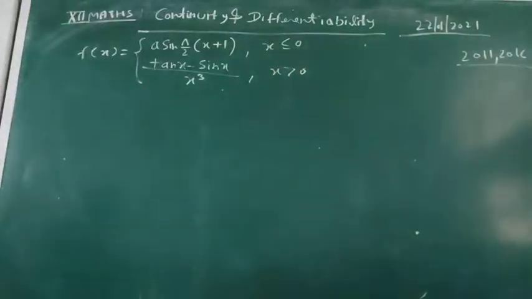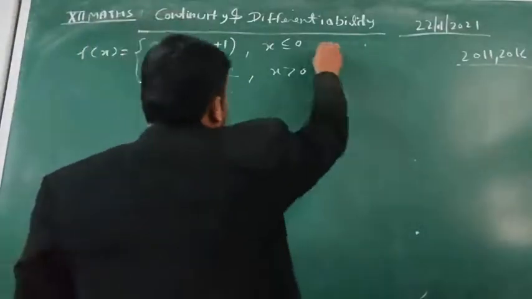So this is our question. The question says find the value of a for which the function defined as this is continuous at x equal to 0.